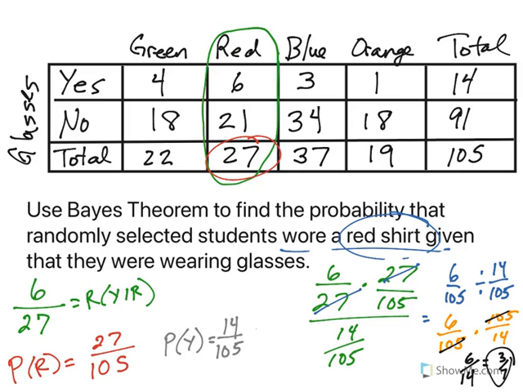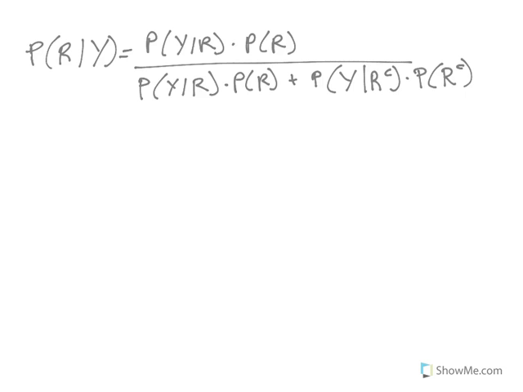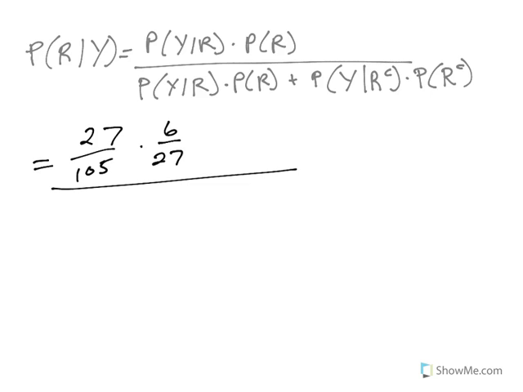Now, that's basically it. You could be done. But I want to show the other formula. Knowing the probability of yes given red, we know that. 27 over 105. Probability of red is 6 over 27. And then we have the same thing to start in the denominator. Now we have red complement. Think this through: if 27 are red, then the rest are not red.